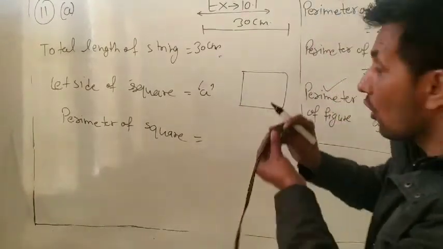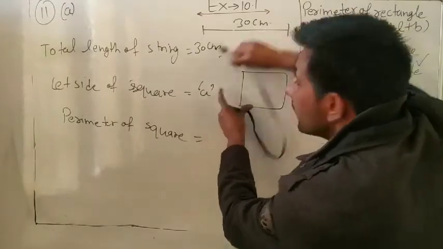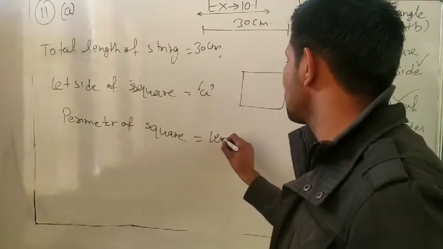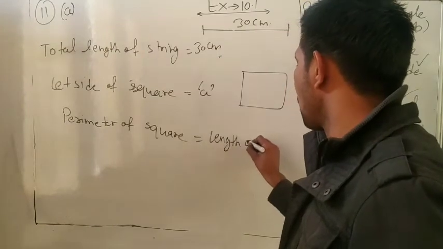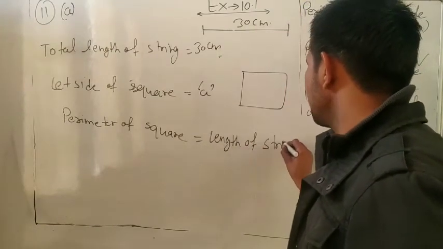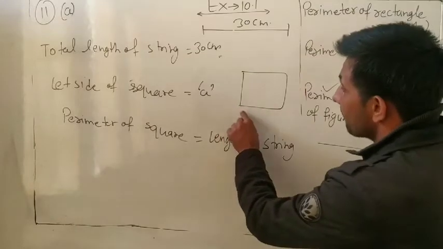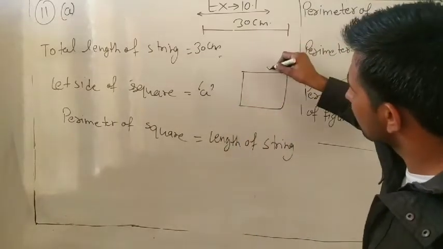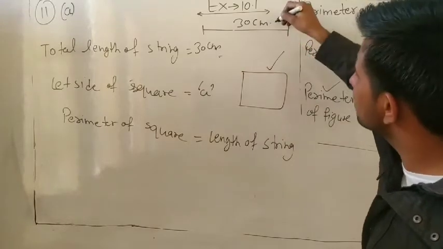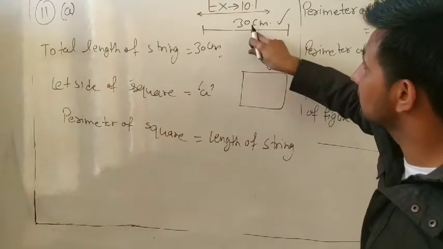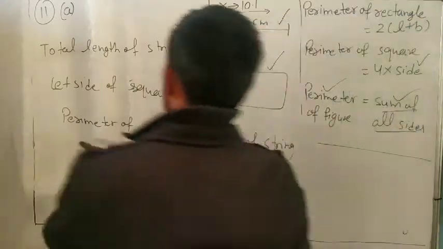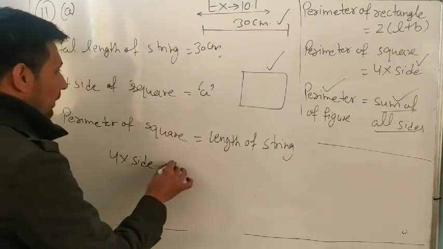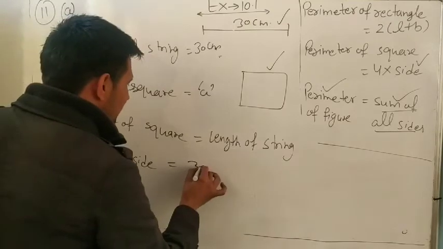We are using this string, so it means the perimeter of the square equals the length of the string. Yes, because the same perimeter is made by this string, because this square is made by this string. And how much is the length of the string? 30. So it means perimeter of square, 4 into side, equals the length of string, 30.